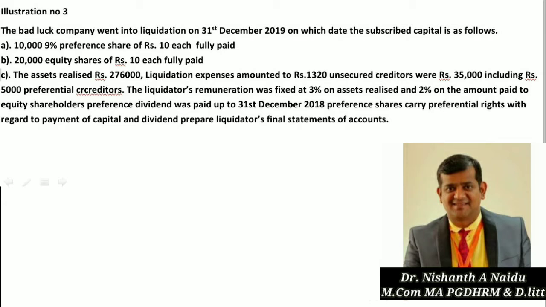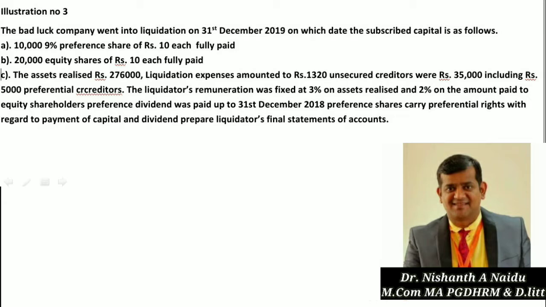So, illustration number 3. The Bad Luck company went into liquidation on 31st December 2019, on which date the subscribed capital is as follows: 10,000, 9% preference shares of rupees 10 each fully paid, and 20,000 equity shares of rupees 10 each fully paid.